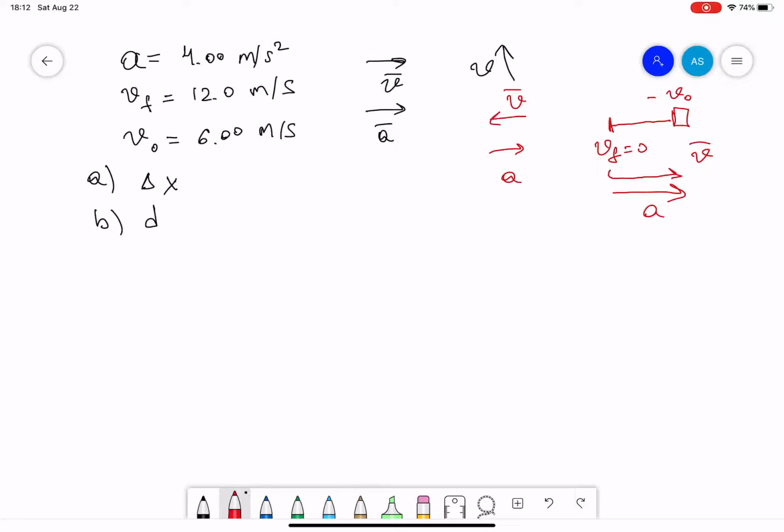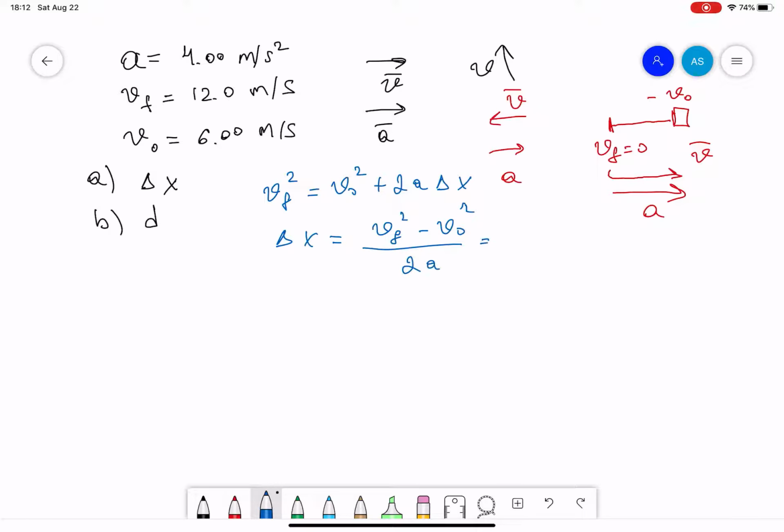Okay, now let's solve this problem. Let's first find the displacement. In order to find the displacement, we have the formula v final squared equals v initial squared plus 2a delta x. From here we can find delta x, which equals v final squared minus v initial squared, divided by 2a.